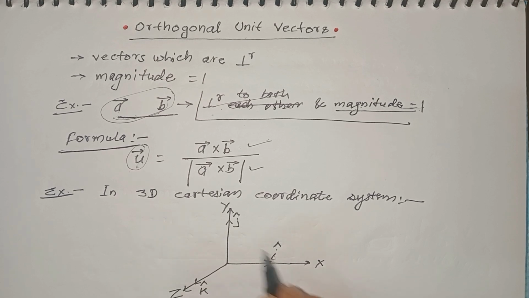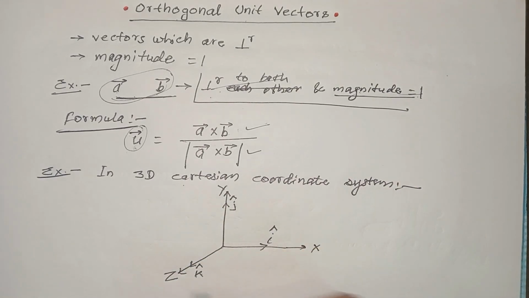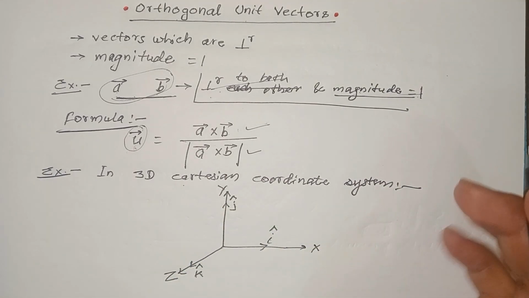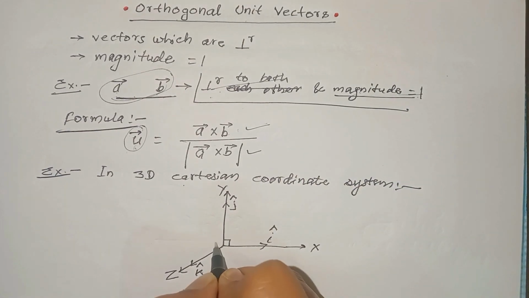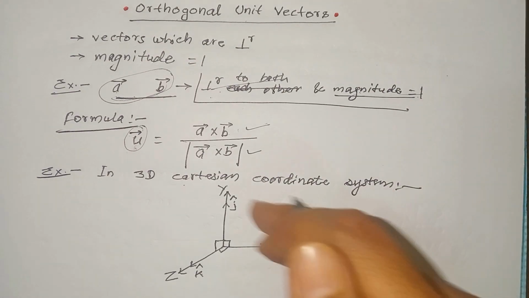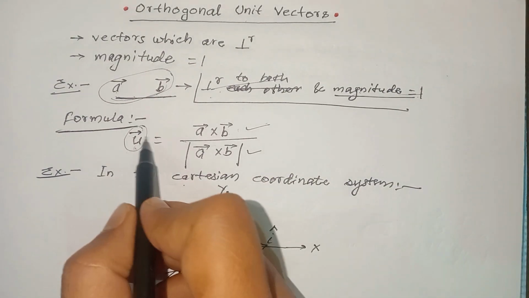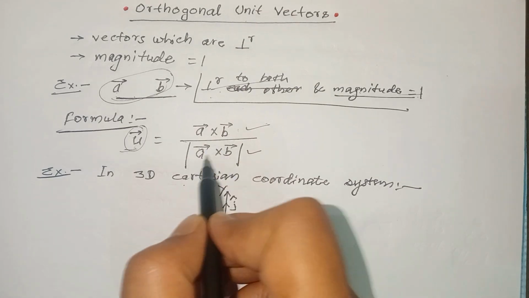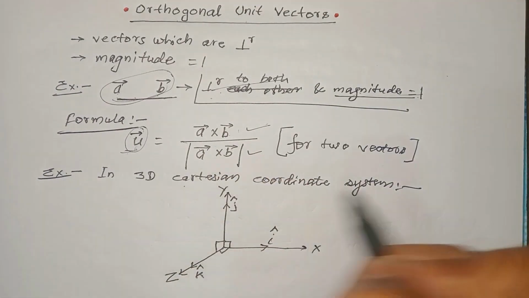These i cap, j cap and k cap are unit vectors, and they are also orthogonal because each is perpendicular to the others. Although they are three, they are all perpendicular to each other. The formula above is for two vectors only, and this is one example of three vectors.